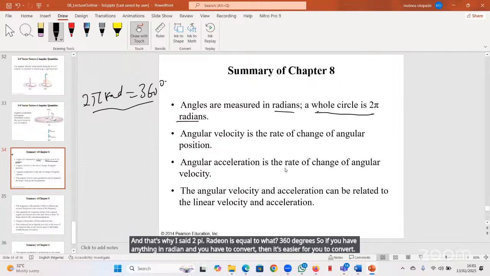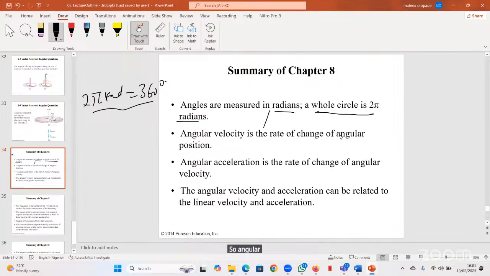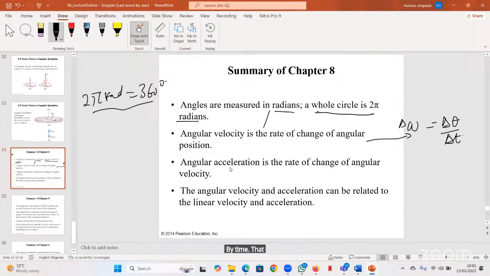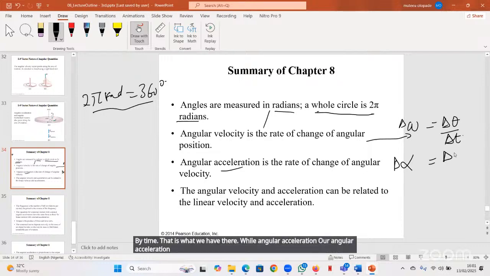So angular velocity is the rate of change of what? Angular position. Angular velocity is the rate of change of angular position. And that's why we have this. So the angular velocity will be the change in angular displacement divided by time. While angular acceleration is the change in angular velocity with respect to time.